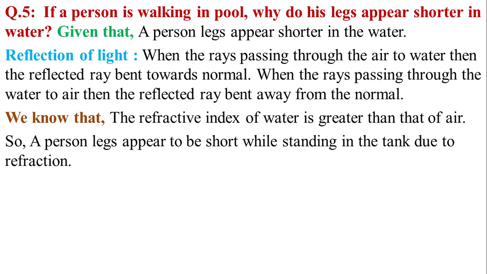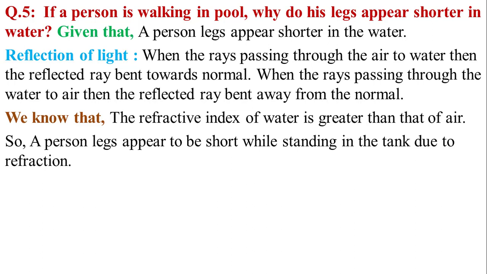When rays pass from the air to the water, the refracted rays bend toward the normal. When the rays pass from the water to the air, the refracted rays bend away from the normal.